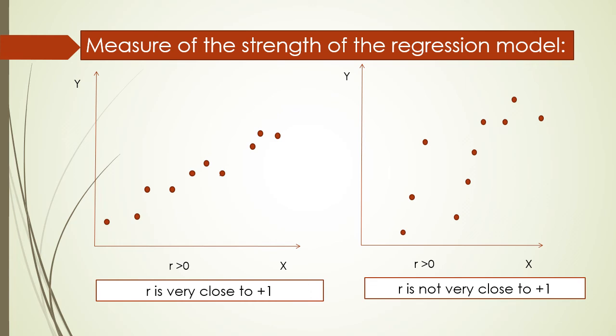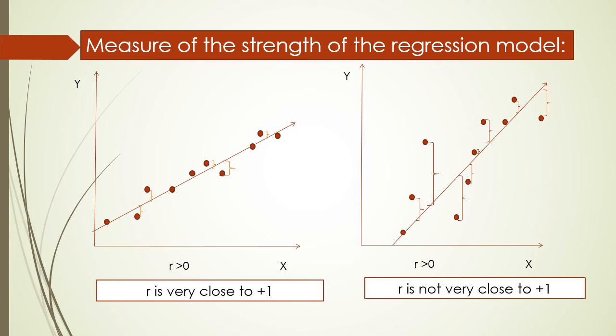If we draw the regression lines, we will see that the errors in the first diagram are much less than the errors in the second diagram. In the first diagram, correlation is strong and the regression line gives better estimates.